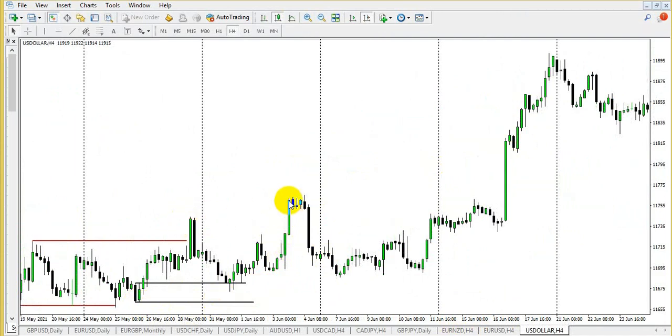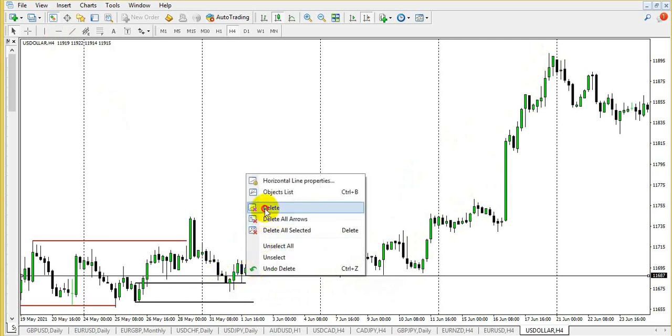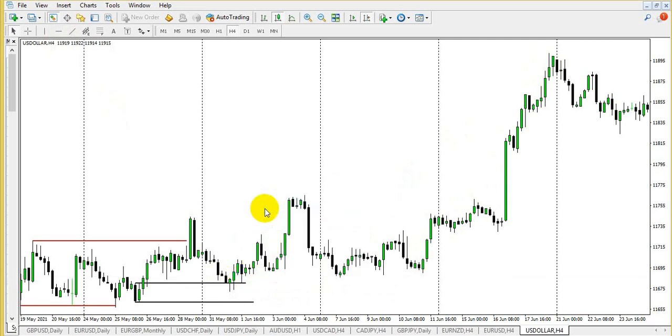Price hit the first target, gave a retest to a particular order block around here. Price came here, retested this order block, and that pushed price higher and higher. So that's that about order blocks.